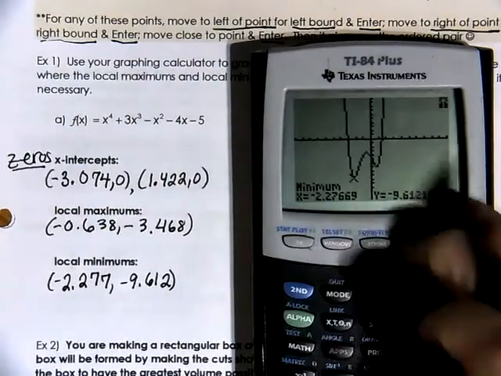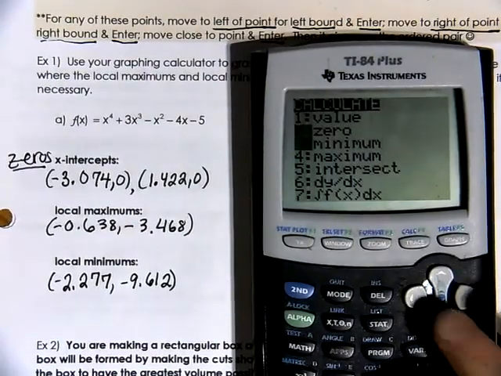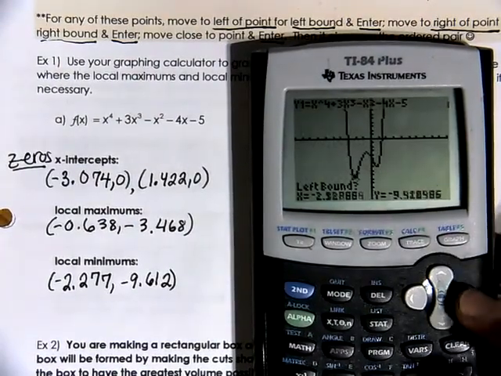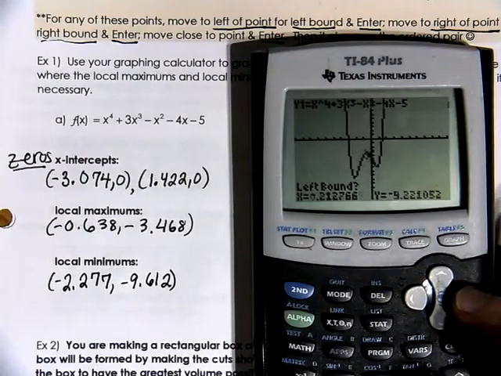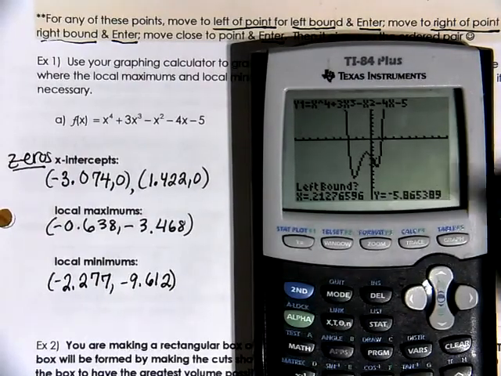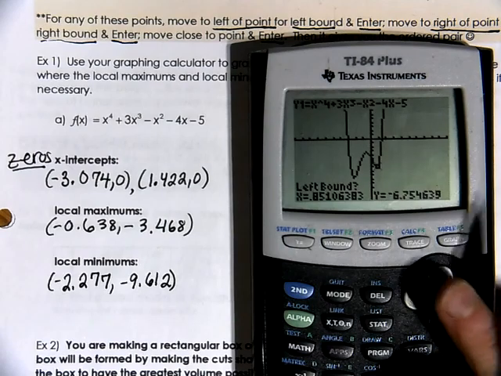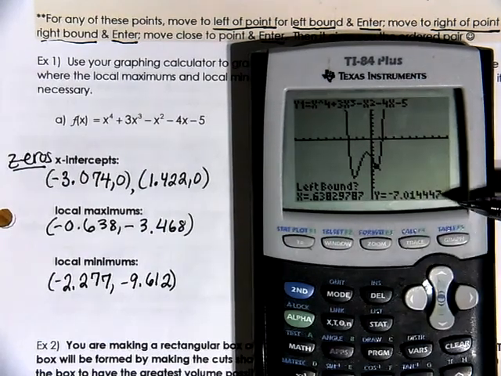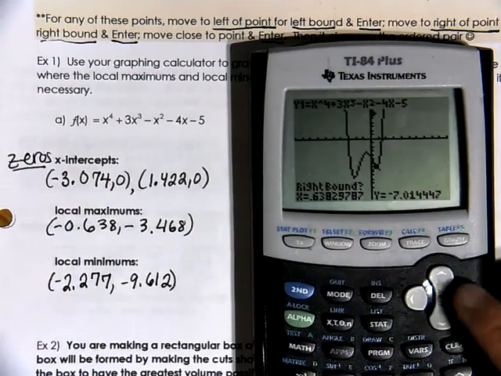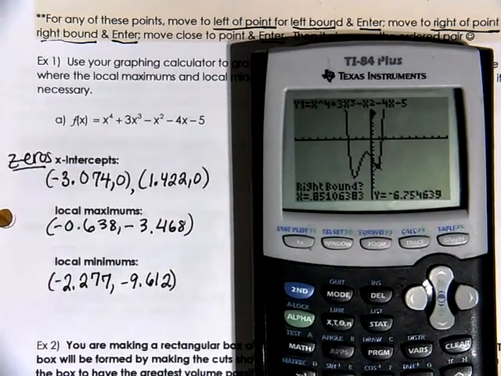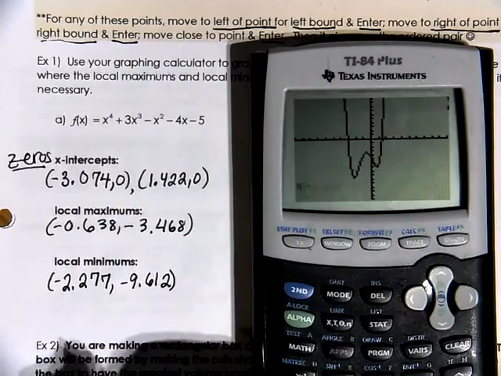So now I'm going to repeat the process, and I'm going to go down to where it says minimum once again, and I'm going to move my cursor, really paying attention to my y values. So I'm at negative 5.8, negative 6.6, negative 7, negative 6. Okay, so my most minimum point was negative 7.01, and I'm going to press enter. I'm going to press the right arrow one time, enter, and then enter.